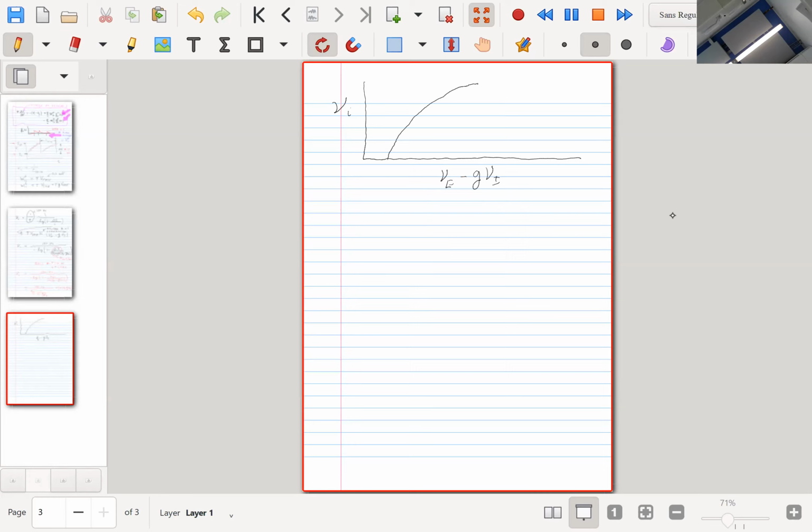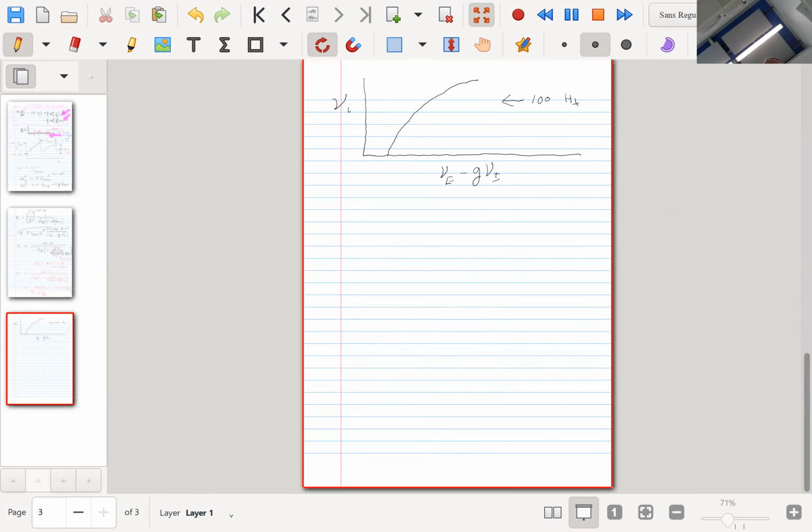Now, this is really important. First of all, it quickly reaches about 100 hertz. When this quantity is around, I don't know exactly, but we can work it out.